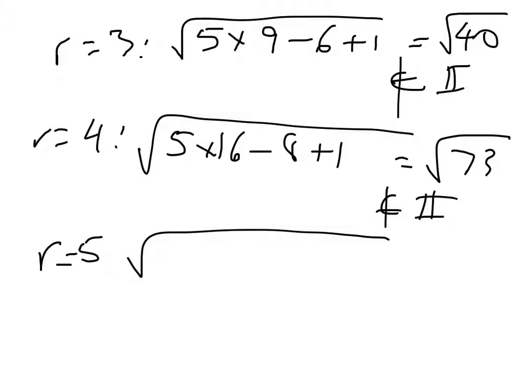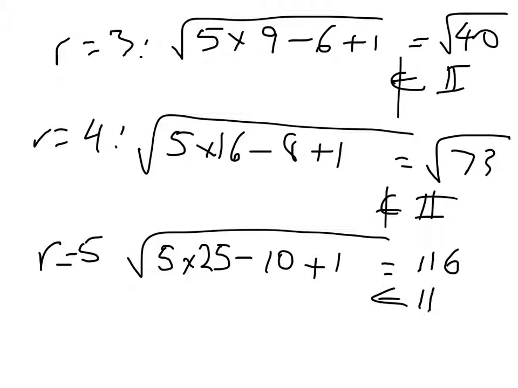We're hoping that we haven't made an algebra error. So for 5, we get 5 times 25 minus 10 plus 1 is equal to 116. Nope, that's not a perfect square.